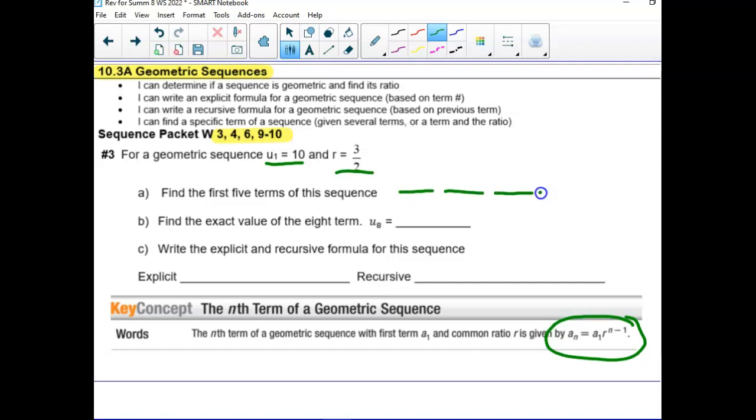What's the first term? 10. And then times 3 divided by 2, or times 1.5, is 15. And then I think, is it 22.5? And then 33.75? How did I do on that one?